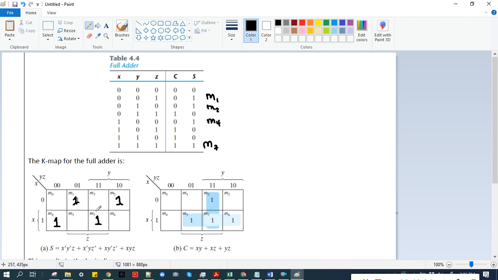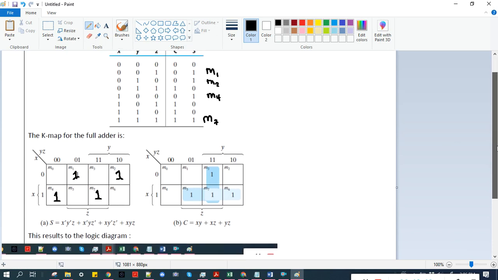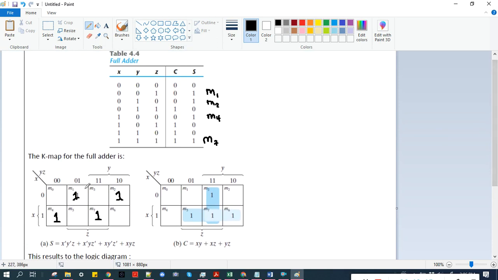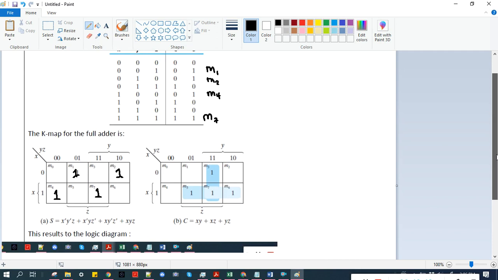So how are we going to simplify this one? There are no adjacent ones, and there are no don't care conditions also.